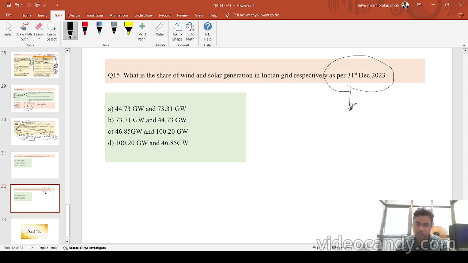Any answer? Somebody is giving A. Sandeep is giving A. Maybe this may be correct. Think about whether the wind potential of India is greater or less than the solar potential of India. Which one is greater, wind potential or solar potential?